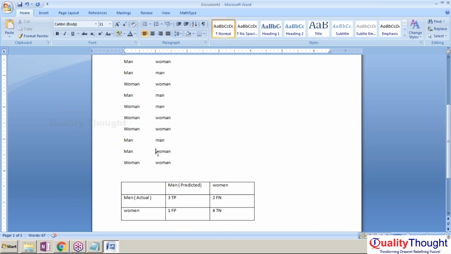This is fine. And woman predicted as man is only 1, right? So this is fine. And woman predicted as woman is 4, right? So now we can clearly understand this is a true positive, false negative, false positive, and true negative.